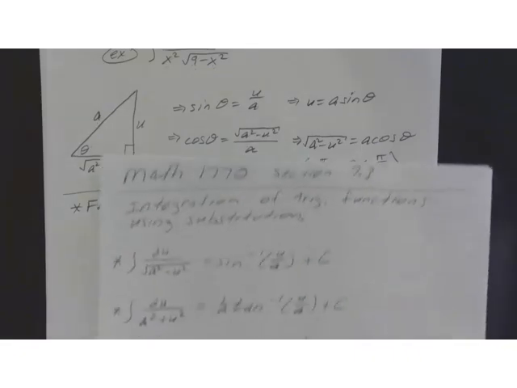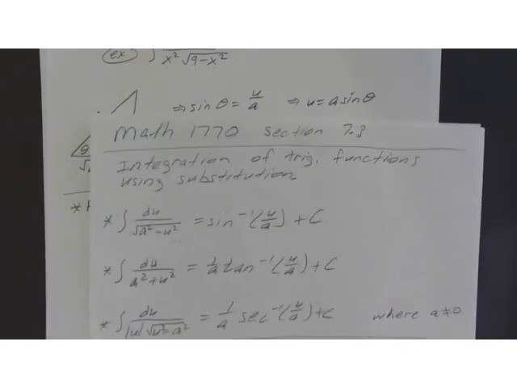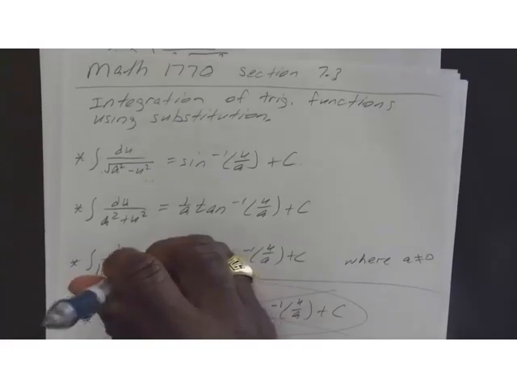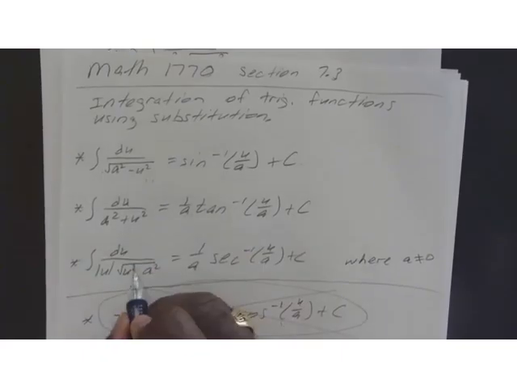Okay, so again, we have an a squared plus u squared, but there is no square root for the tangent inverse. The one we do have a square root for is u squared minus a squared. So again, it doesn't quite match any of those three.